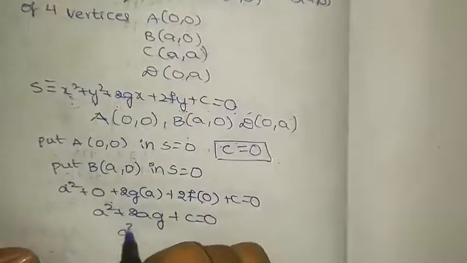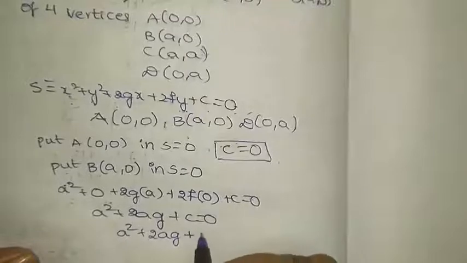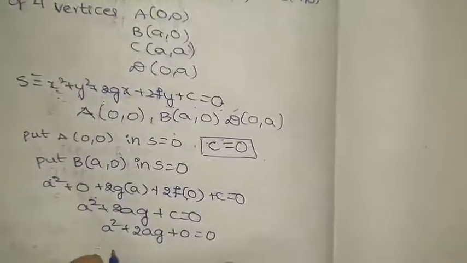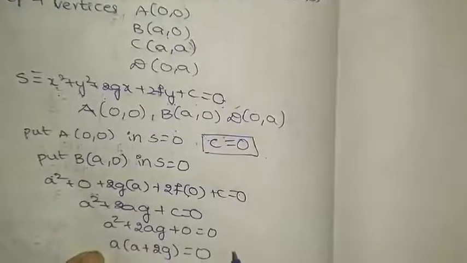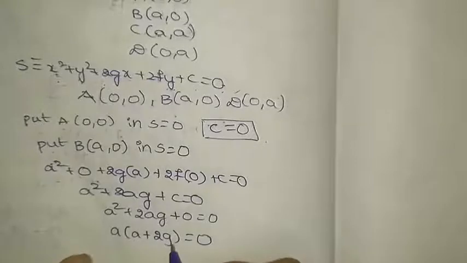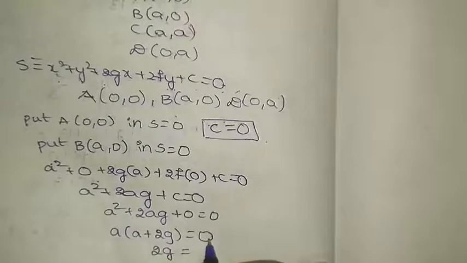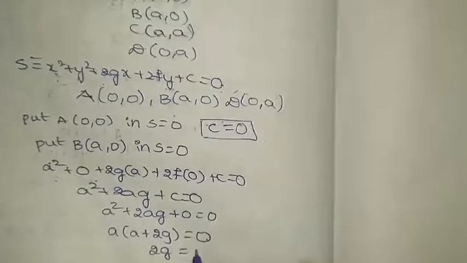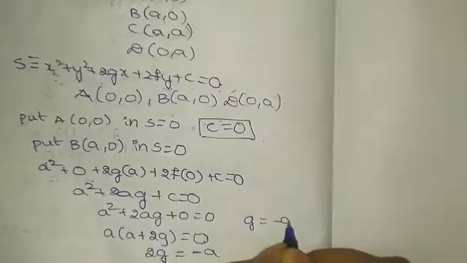So a square plus 2ag plus 0 equal to 0. Taking a common, a plus 2g equal to 0. From this 2g is equal to minus a. From this g is equal to minus a by 2.